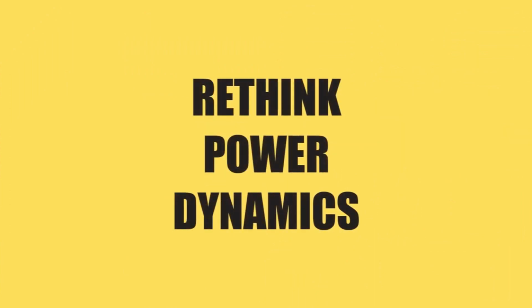Finally, it might be time to rethink the power dynamics in your classroom. Who's in charge? Do the students have a say in what happens? How do you appear to your students? Are you someone that they can talk to and negotiate with, and someone they can trust?